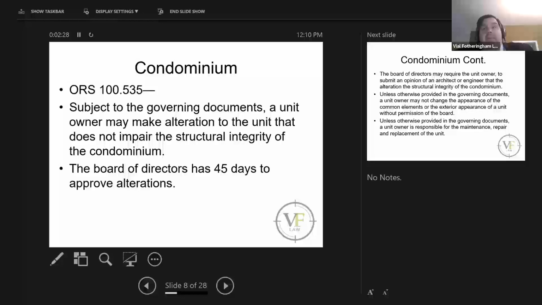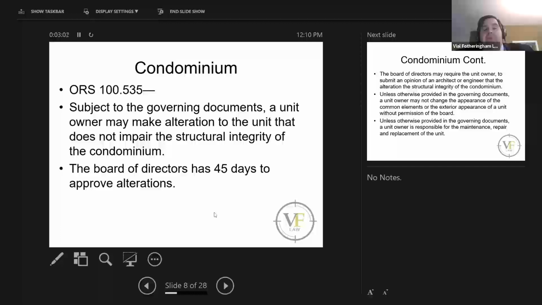So while the Condo Act does not specifically talk about architectural review and set out the process, it does have one section that talks a little bit about alterations to a unit. And here you see ORS Chapter 100, Section 535, which says, subject to the governing documents, an owner cannot make an alteration to a unit that impairs the structural integrity of the condominium.